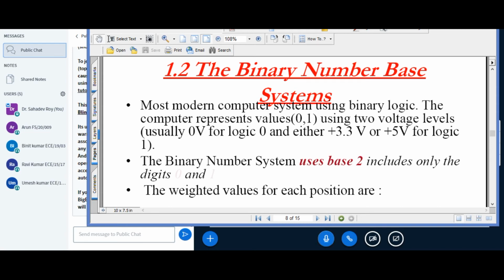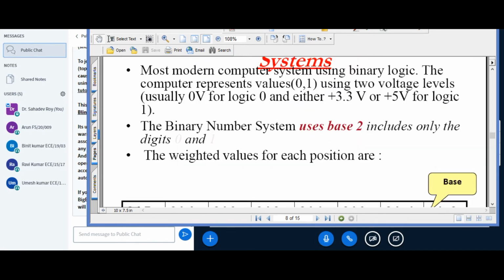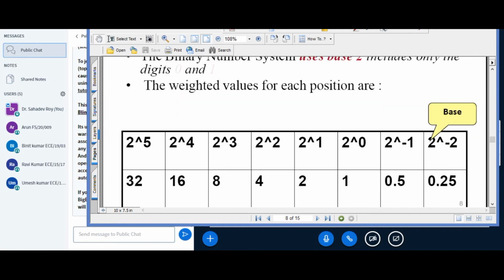In the binary number system, which uses base 2 and includes only the digits 0 and 1, look at the weighted value of each position. It is also indicated with the point.